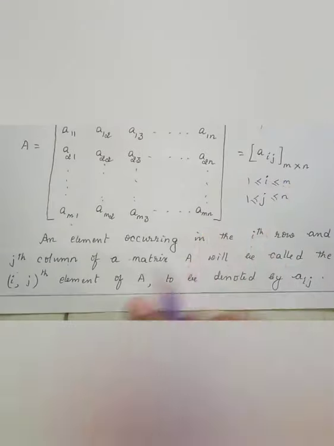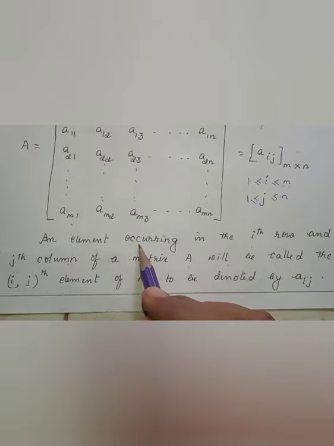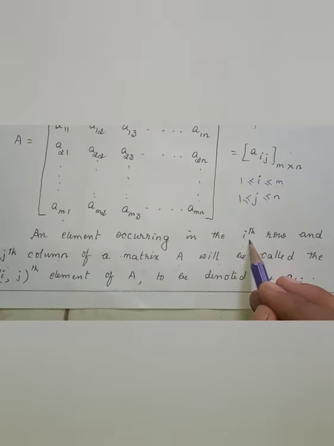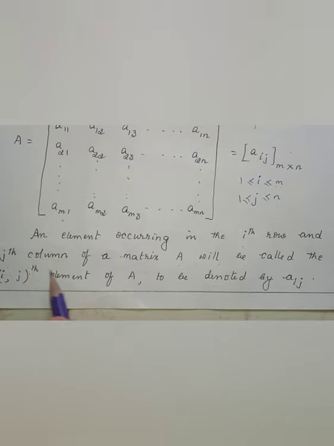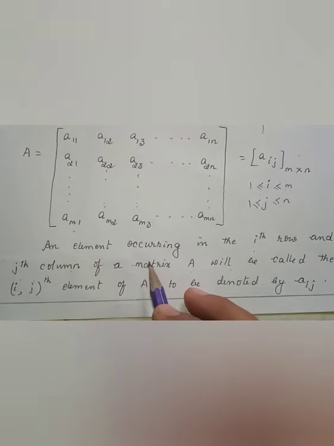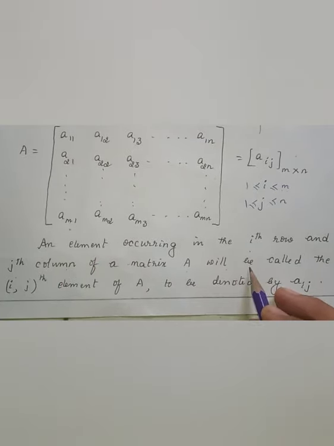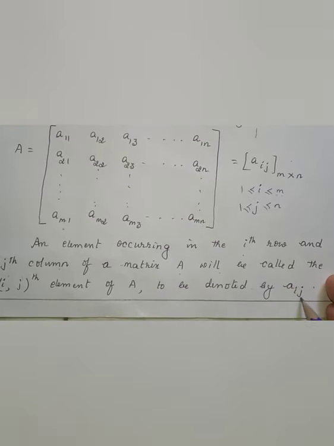So, an element occurring in the ith row and jth column of a matrix A will be called the ijth element of A, to be denoted by Aij.